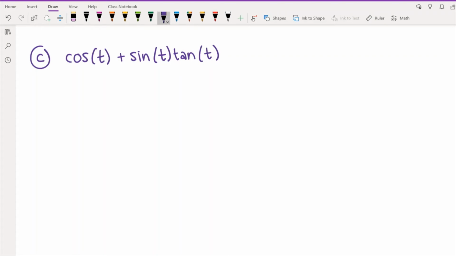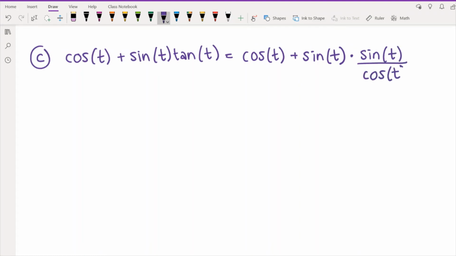Okay, so let's rewrite this. Cosine of t plus sine of t times tangent of t, where tangent of t can be written as sine of t over cosine of t. So that means this is equal to cosine of t plus sine squared of t over cosine of t.